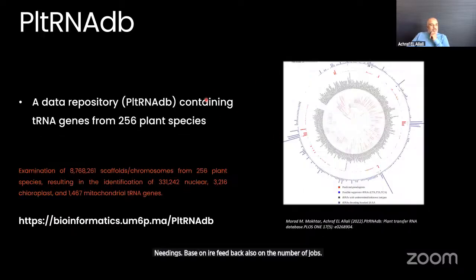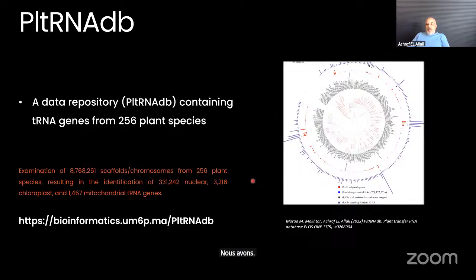We have also a database for all plants of tRNAs. So tRNAs are non-coding RNAs that are essential for protein translation. So they're important to know. They differ from one species to the other. So we have identified them for all possible plant databases that we could find as of 2022, and they are available as well as all kinds of visualizations.